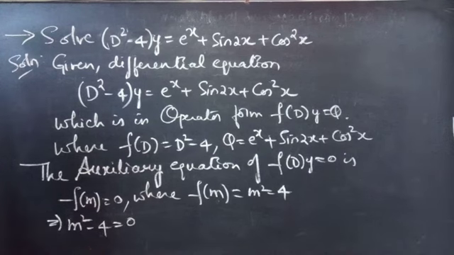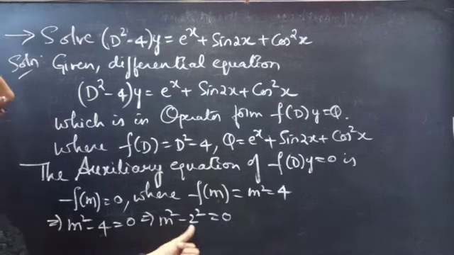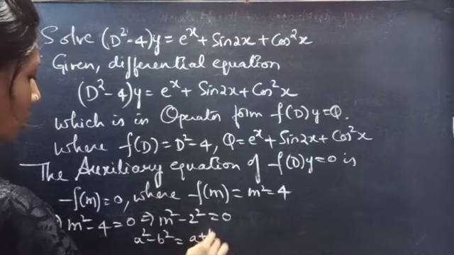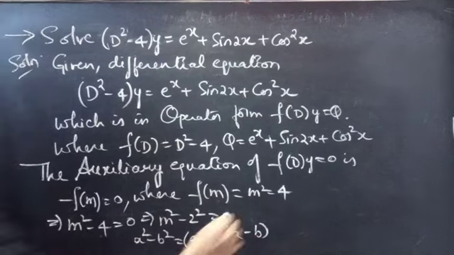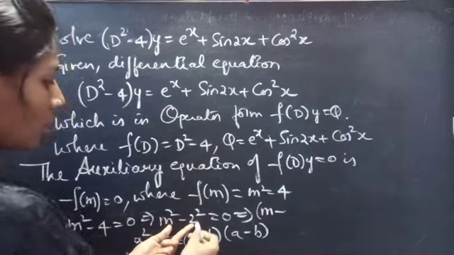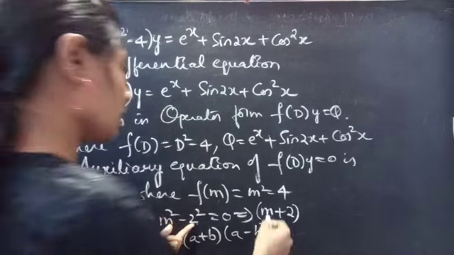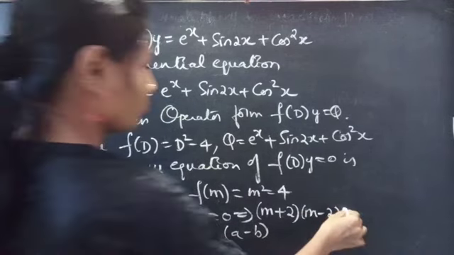We can write this 4 as 2 square. Right? Now this is of the a square minus b square form. You know that a square minus b square equals (a plus b) into (a minus b), right? So we can write the above equation, for a equals m and b equals 2, as (m plus 2) into (m minus 2) equals 0.